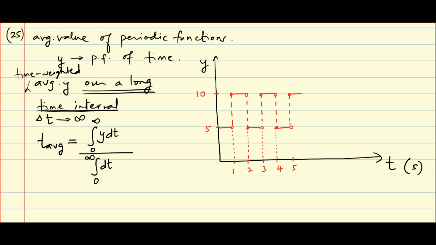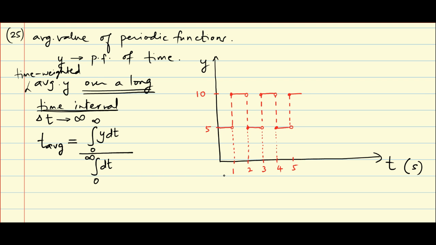Now I will show you that this complicated appearing formula or integration, and in fact it's a ratio or the quotient of two things, is done very easily by simply finding the time weighted average over one cycle.